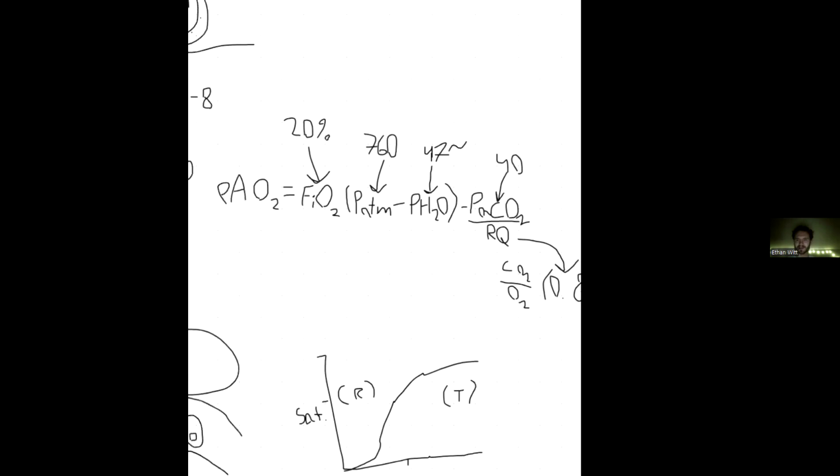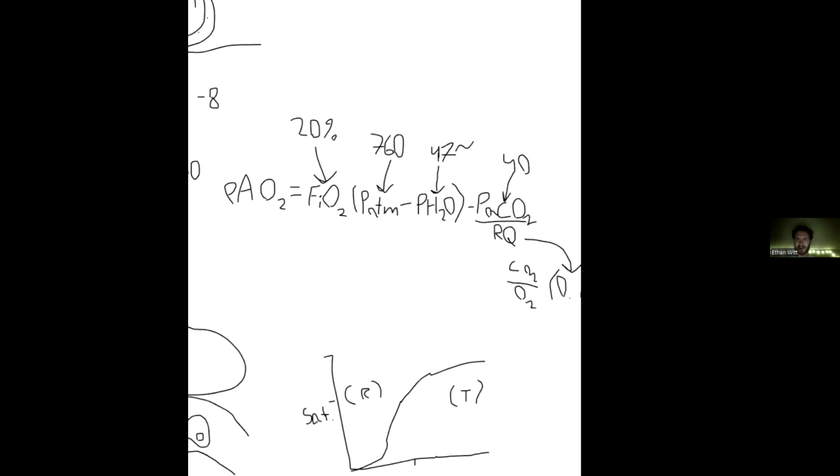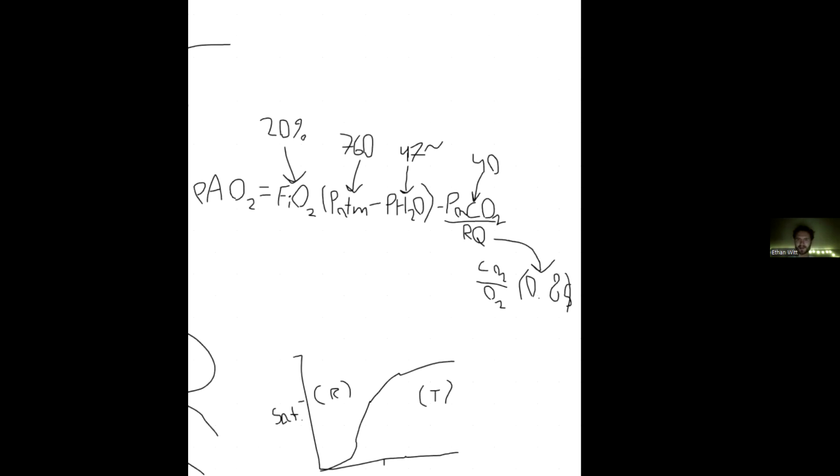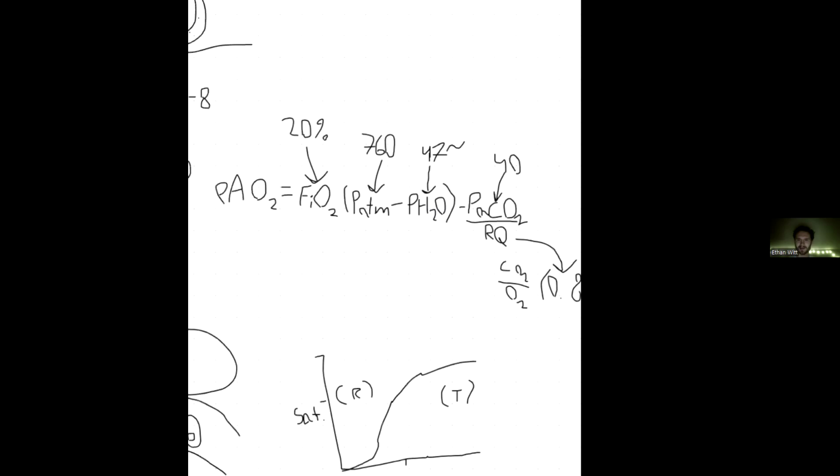So in a standard state, if we want to do this math real quick, just for fun, you're going to have 20% of that minus 40 divided by 0.8.